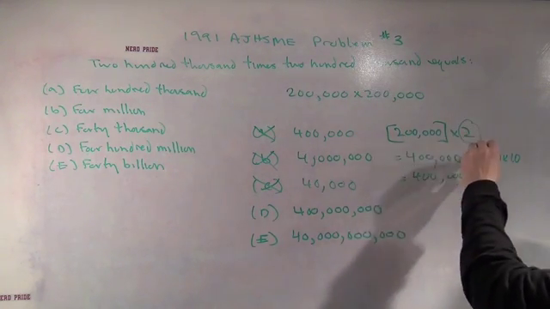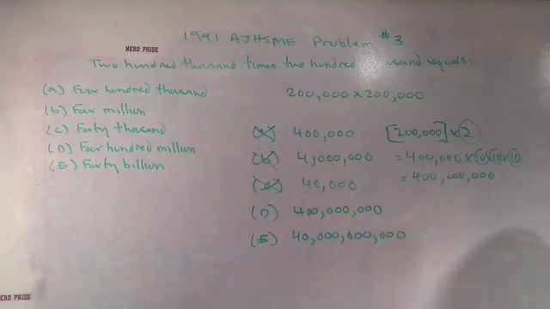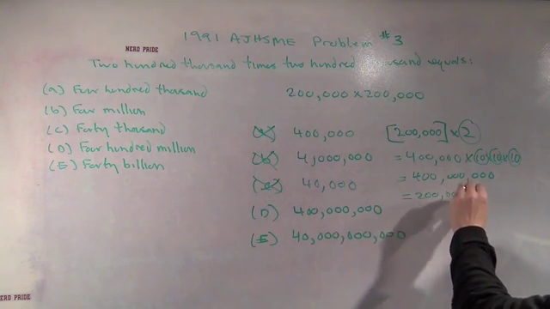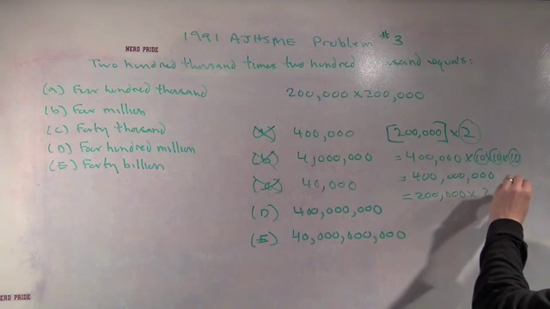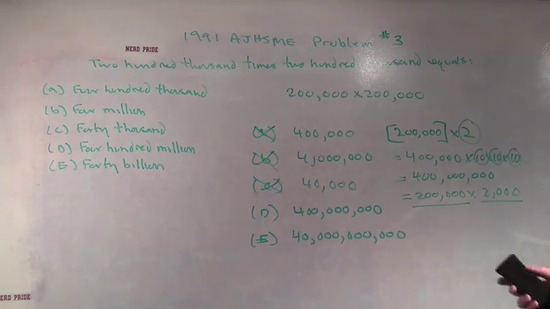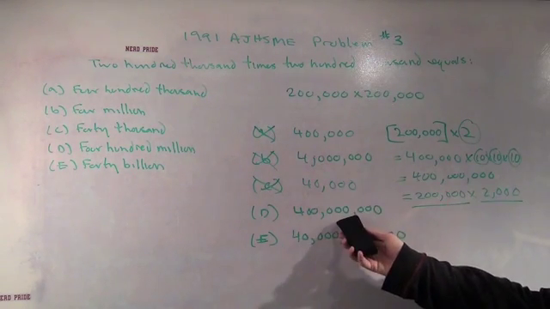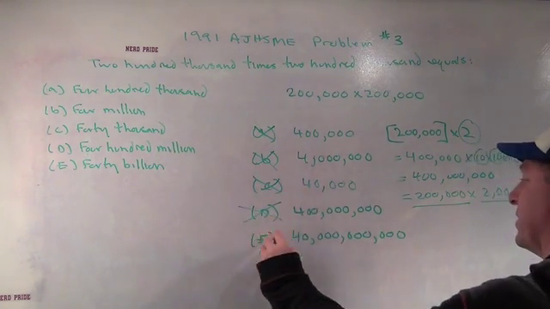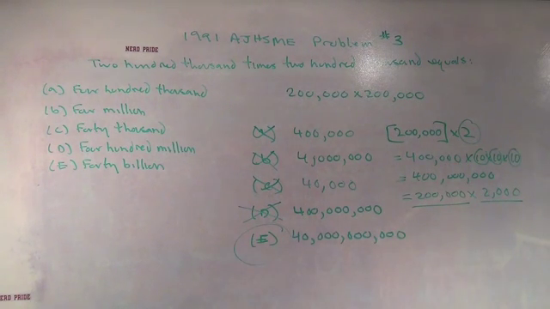We've multiplied by 2, 10, 10, 10. So this is 200,000 times 2,000. 200,000 times 2,000 gets us to 400 million, but we're multiplying by 200,000. So we can cross out this, and this is our only choice left. So that's another way of looking at it, just looking at the size of the various numbers.